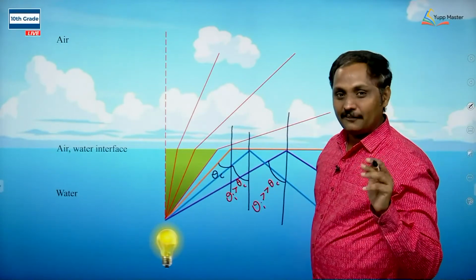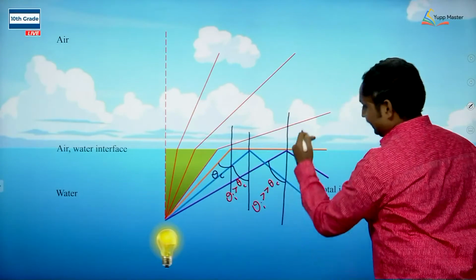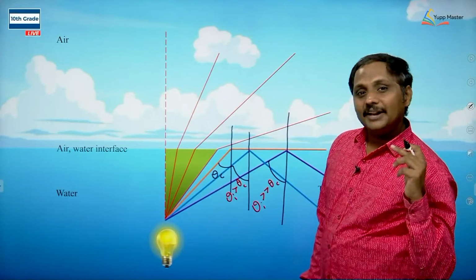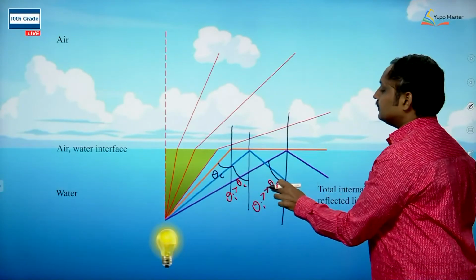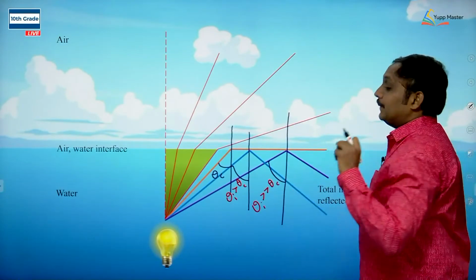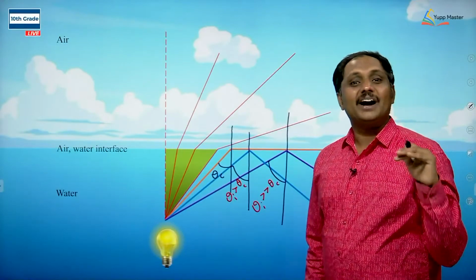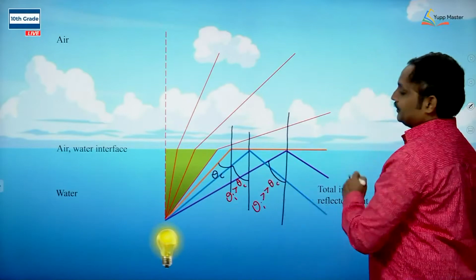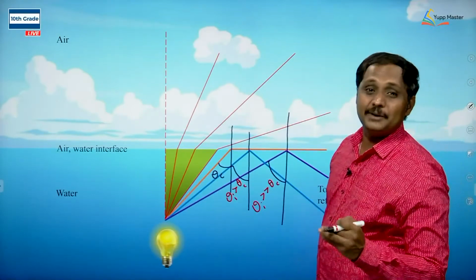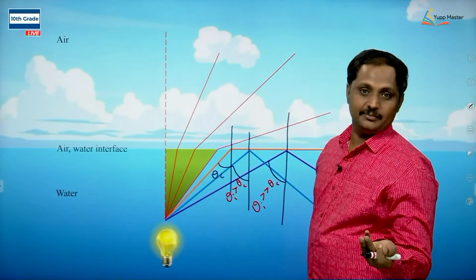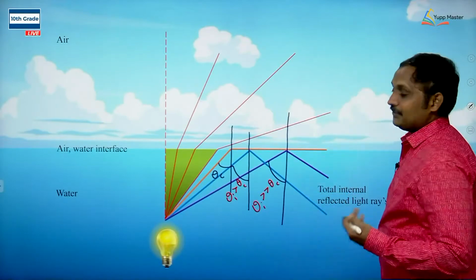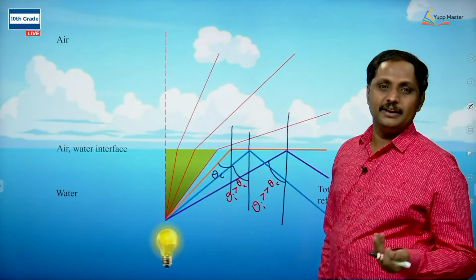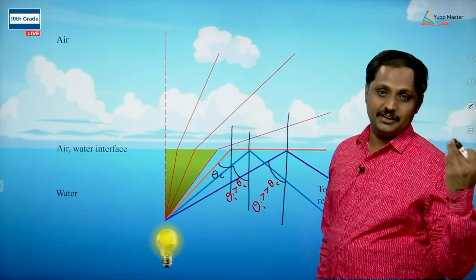In the case of optical fibers, the light rays are reflected again and again, and they carry the information at high speed within the glass material, whether the fiber is immersed in water, in air, or placed in any other medium.